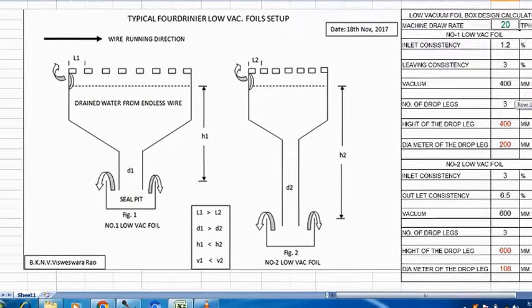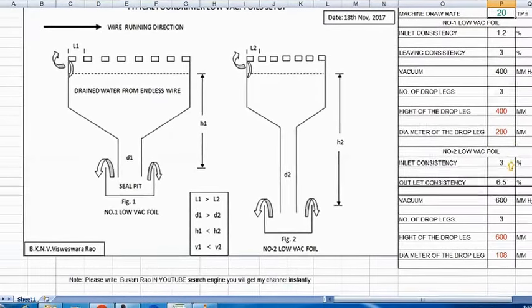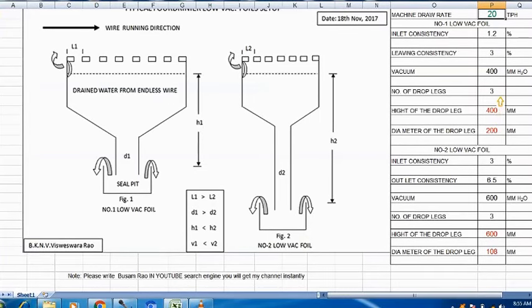Similarly, for the number 2 vacuum foil, inlet consistency is 3%, because number 1 vacuum foil leaving consistency is nothing but the inlet consistency of number 2 foil. And outlet consistency, say for example 6.5%, then the vacuum maintained is 600 mm H2O, and the number of droplegs is 3, and height of the droplegs is 600 and the diameter of the droplegs is 108, that is 4 inch nearly.